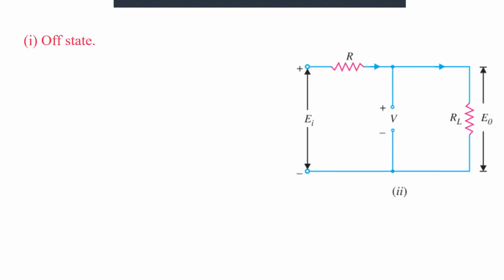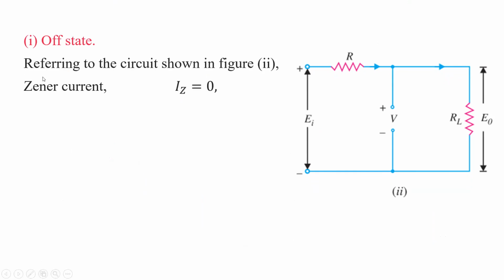Let us take the mathematical expressions to understand this Zener diode as a voltage regulator. Two states will be considered. First, the off state of the Zener diode, that is when the Zener diode is not conducting the current. That is the case where the input voltage is less than Vz.